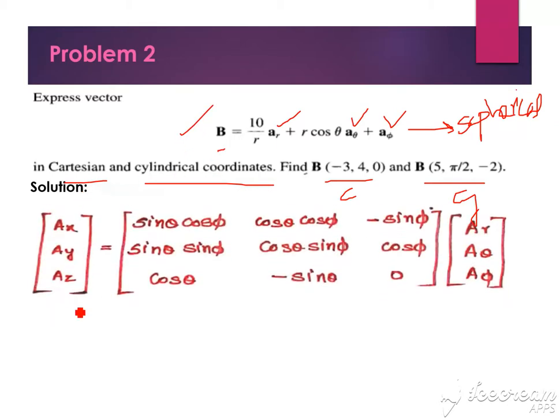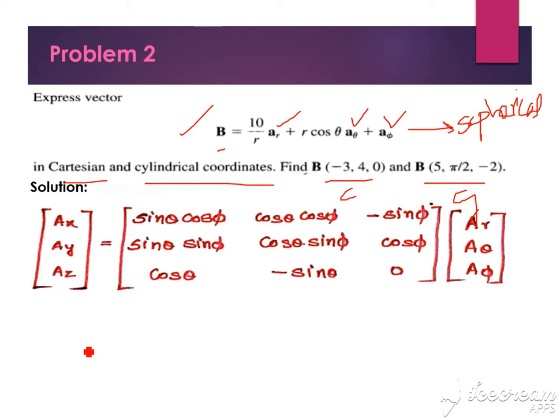First, we will convert that into Cartesian. So this is the formula. We already remember this formula in the shortcut method. From this we can directly write the formula. This value is considered as capital AR, this value is considered as capital A theta, and 1 is here, magnitude is 1, so this is considered as A phi.